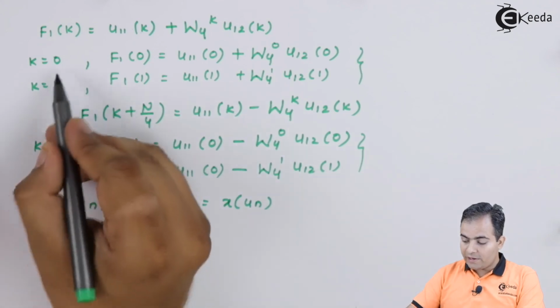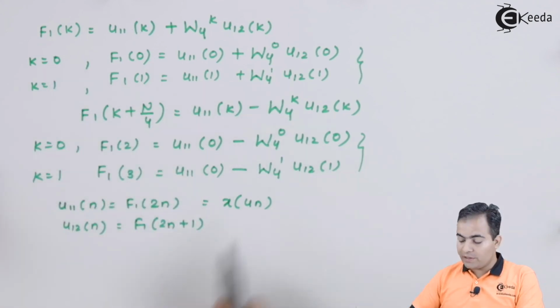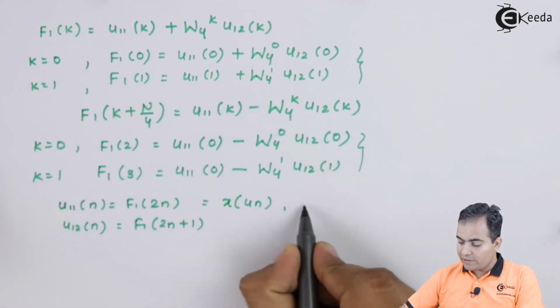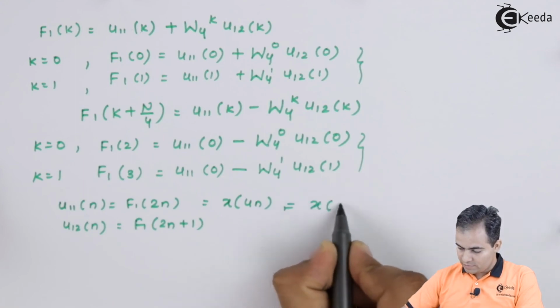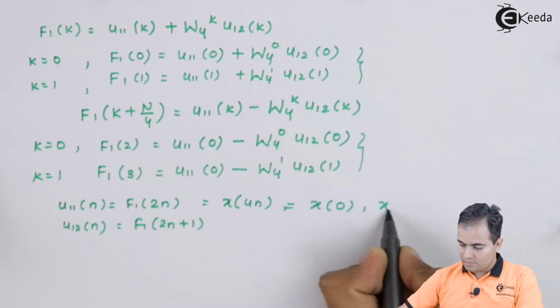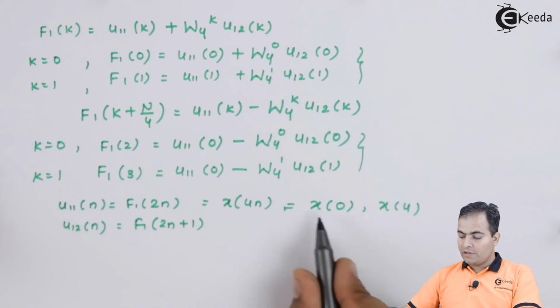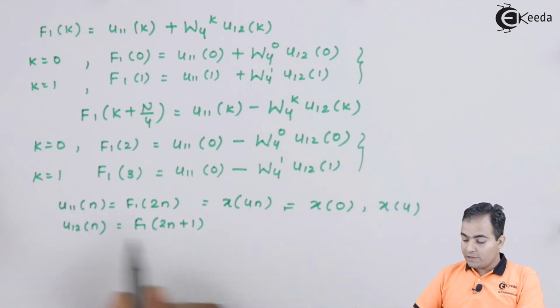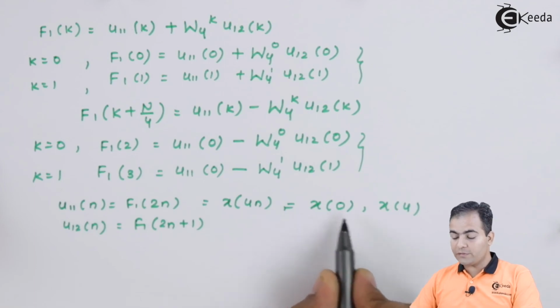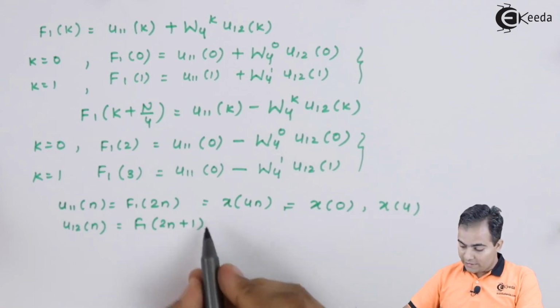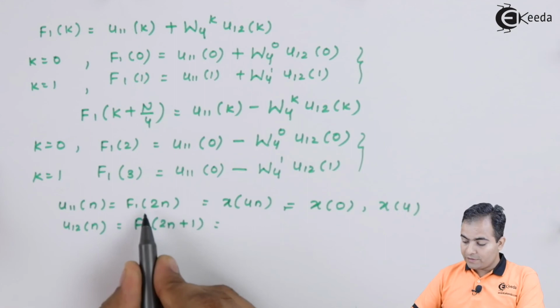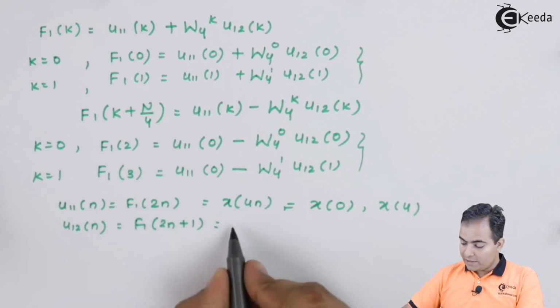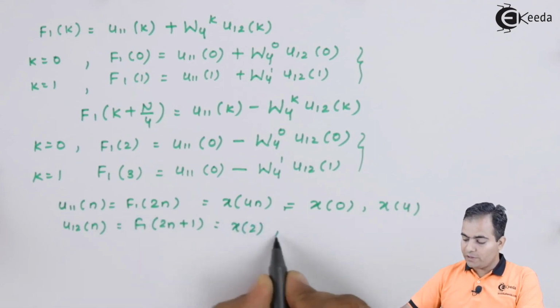So if we substitute 0 and 1 over here, then you will get x of 0 and x of 4, which means in u11 of n you will get the answer only for x of 0 and x of 4. So the next two values of x of n samples are placed over here, that is x of 2 and x of 6.